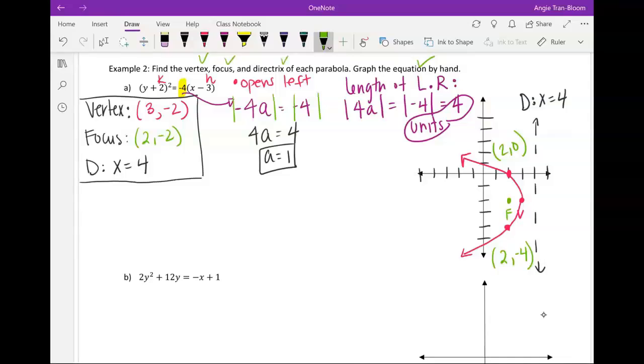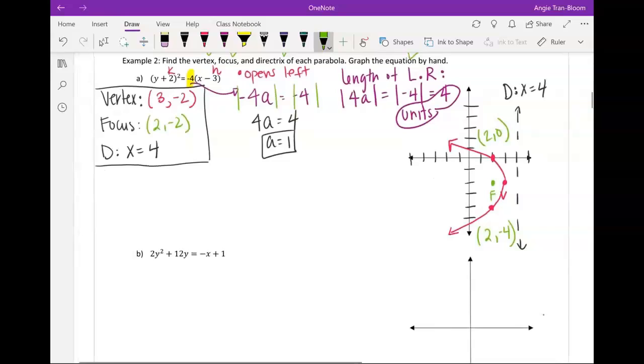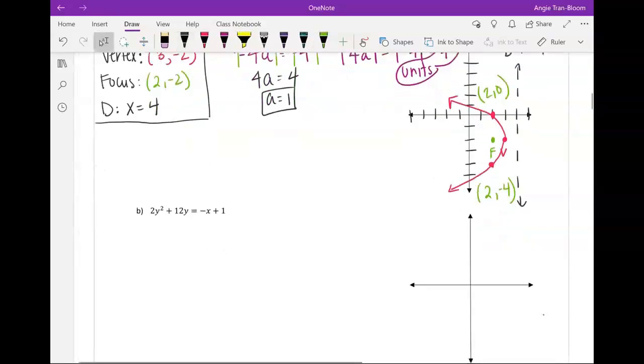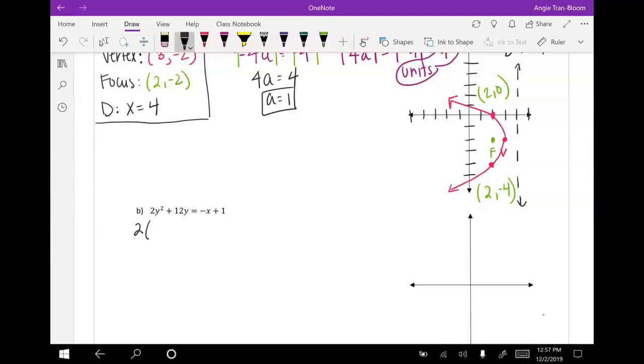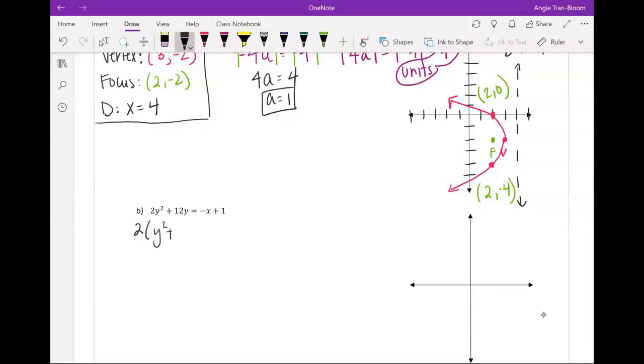Example 2b, very similar, except that we need to complete the square. Ready? To complete the square, we first will factor out the 2. We know the y variable is being squared, so we know it either opens to the left or to the right. So y squared plus 6y plus something blank equals negative x plus 1.